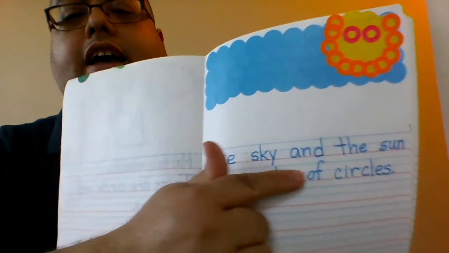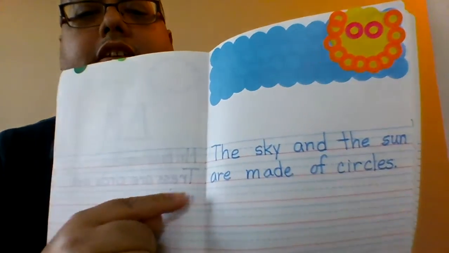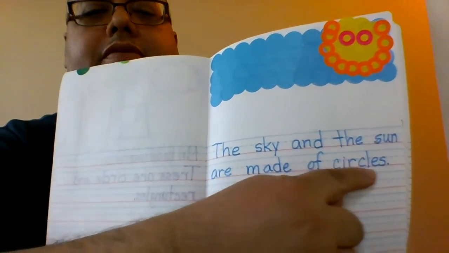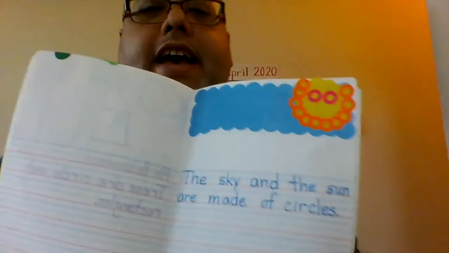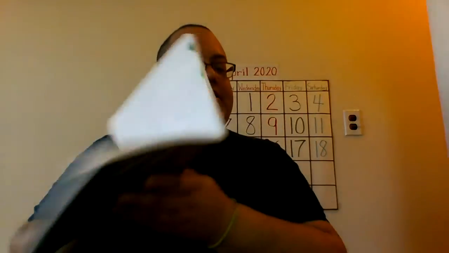Circles. And that's what I did. See? The sky and the sun are made of circles. That's what I did. And that's where math connects with writing.